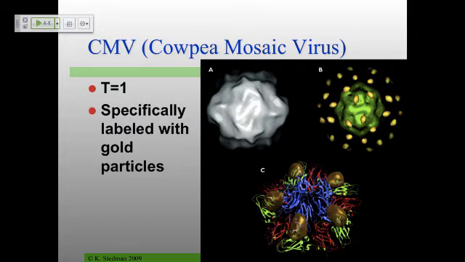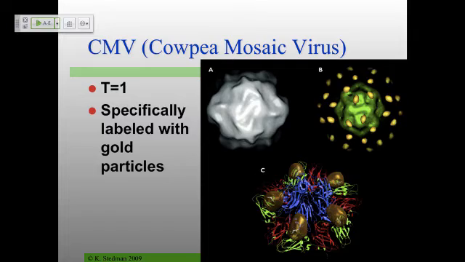Let's look at an actual example of one of these T=1 regular icosahedral capsids. This is the Cowpea Mosaic virus. This is one of those very few that we actually do have an X-ray crystal structure for. That's shown down here at the bottom for one of the 5-fold axes of symmetry.